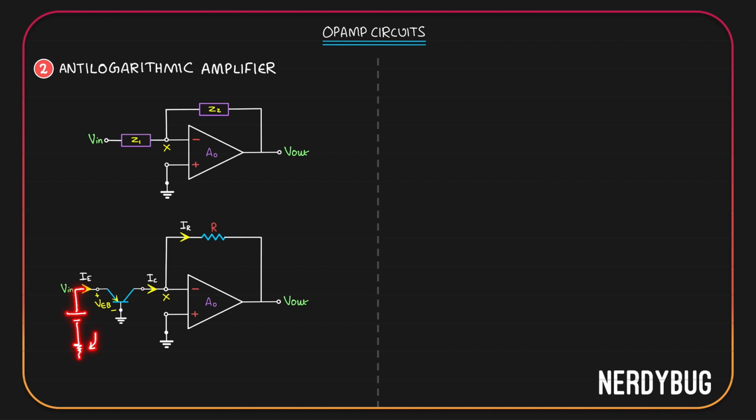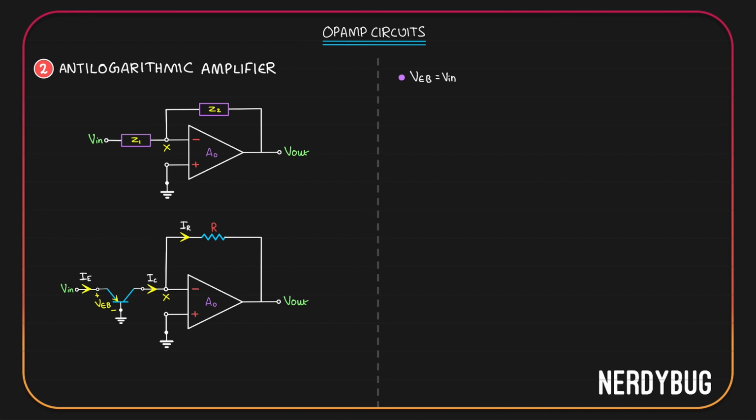It starts from a ground and it goes back to ground. Clearly a loop. If I replace V in with a cell of potential V in, I can see V in is going from negative to positive. As I go on, VEB is from positive to negative. So for KVL, I have to write V in minus VEB is 0. That means V in is equal to VEB.